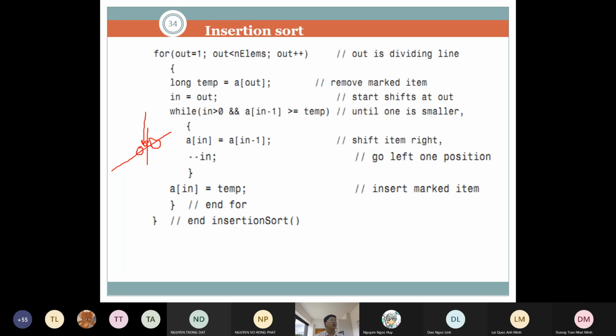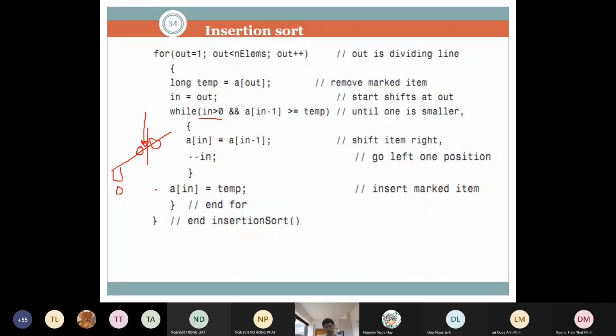Otherwise, if it reaches this position, meaning the index that we go through is 0, we reach the first element. Then we know that our element is the smallest value in that array, so we can just put it there in A0. Okay, and that's it.